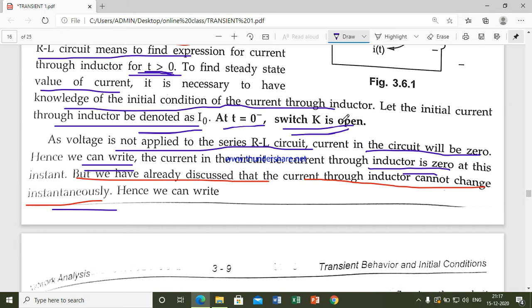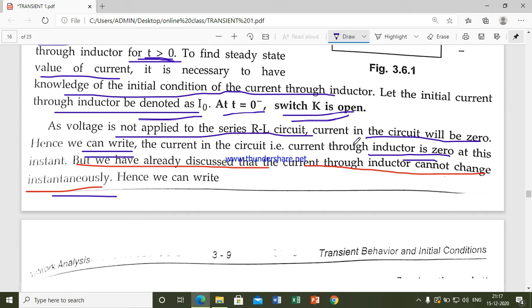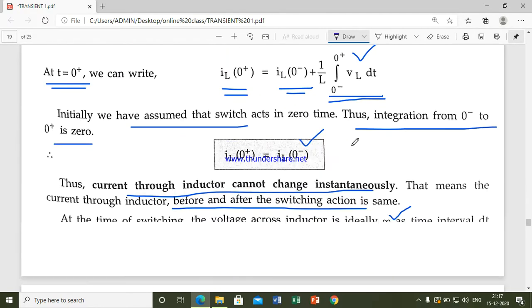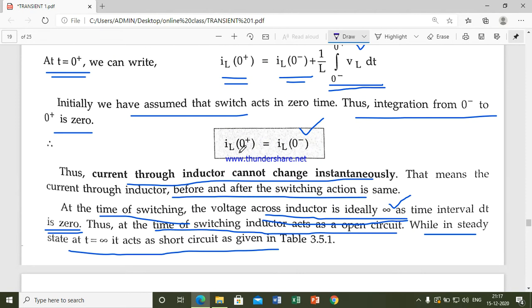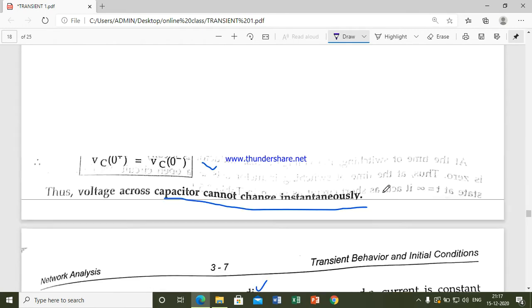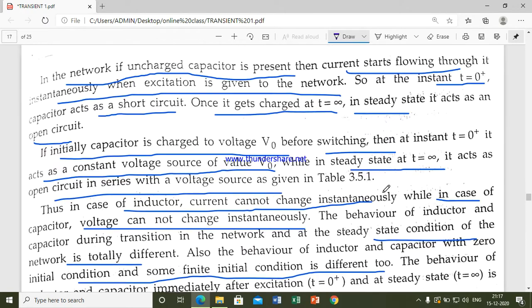This is the property of an inductor. We have seen that IL of 0 plus equals IL of 0 minus, meaning current through the inductor cannot change instantaneously. Because of this, whatever the past history is will continue for some time duration. So I naught will be 0. We'll write down that expression.